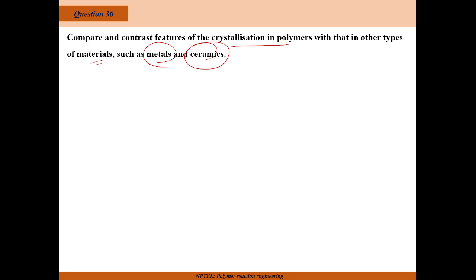Metals, when we say crystallinity, have a well-defined crystal lattice, with different configurations. Whereas in polymers, we cannot call the entire polymer fully crystalline.